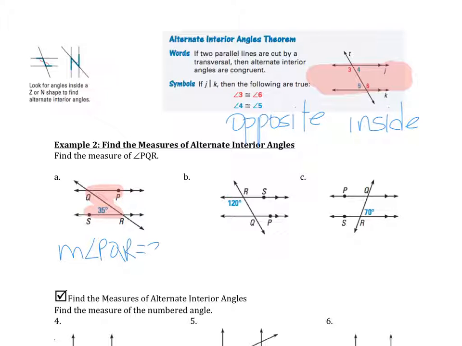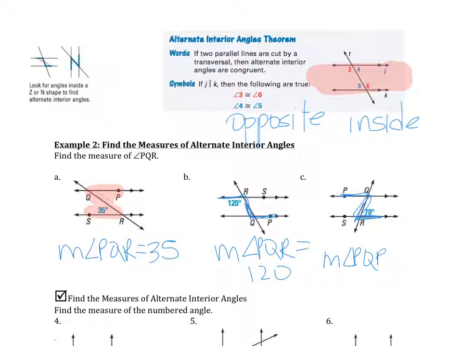So the measure of PQR would equal 35. Measure of PQR here would equal 120. And the measure of PQR here would equal 70.